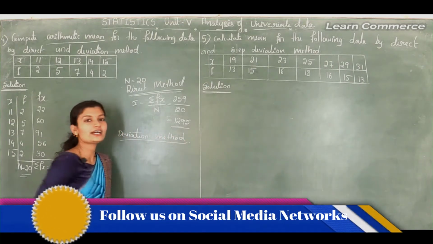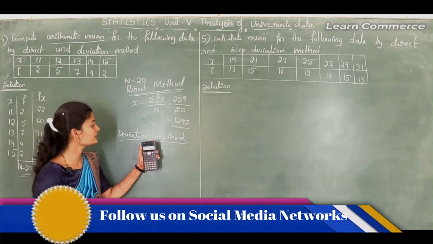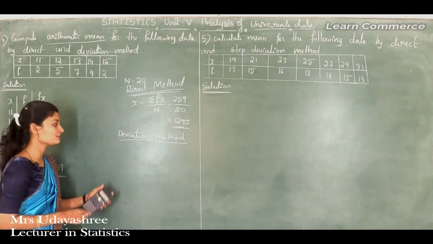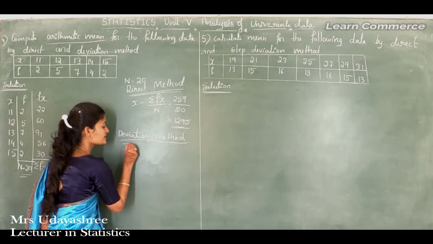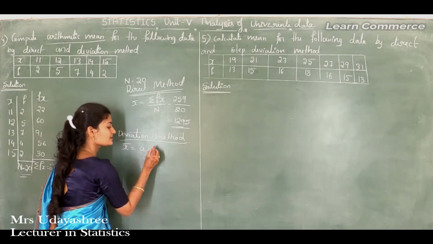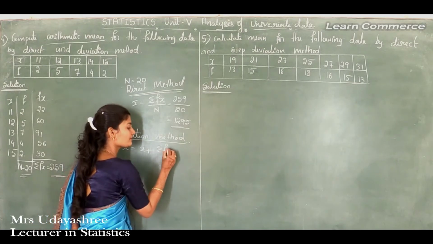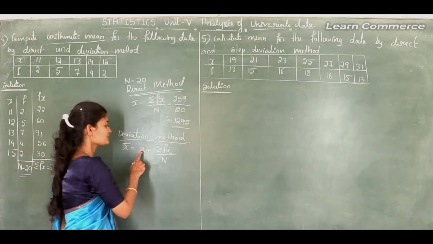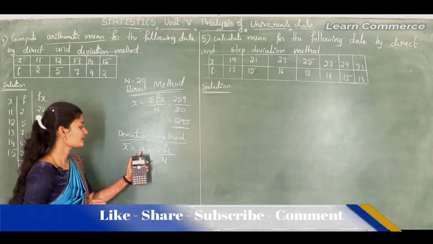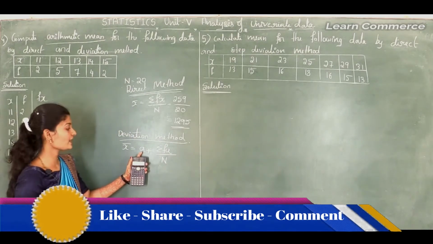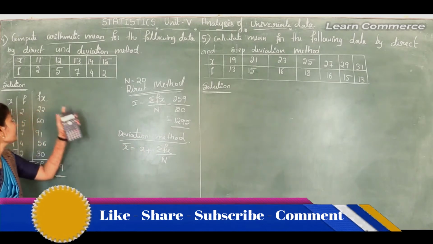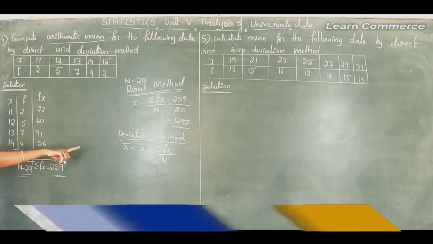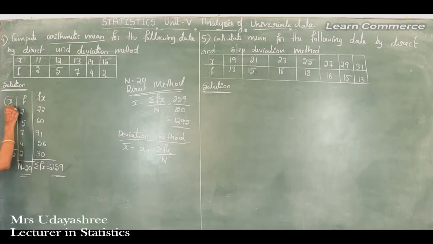To calculate arithmetic mean by the deviation method in case of discrete data, the formula is x bar is equal to a plus sum of f into u divided by capital letter N. Here a is the assumed mean. We need to find the assumed mean in the x observations only.